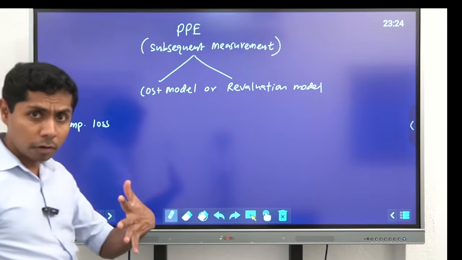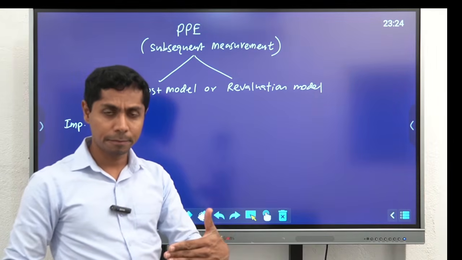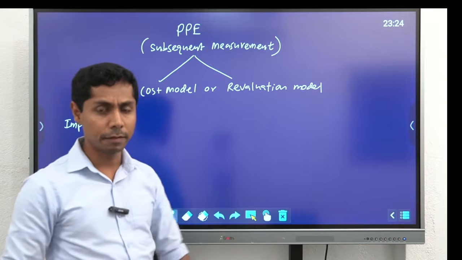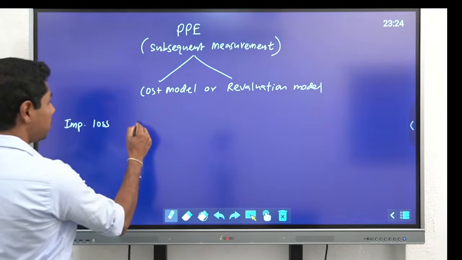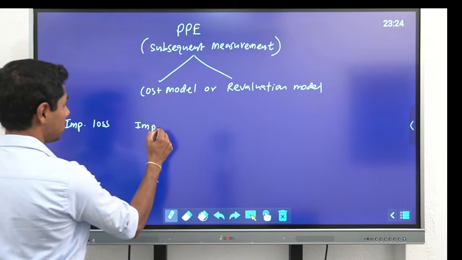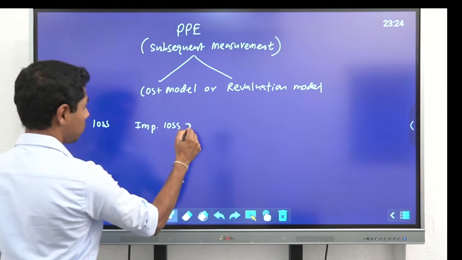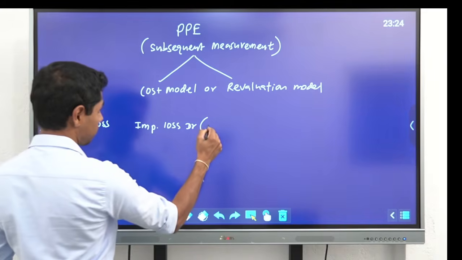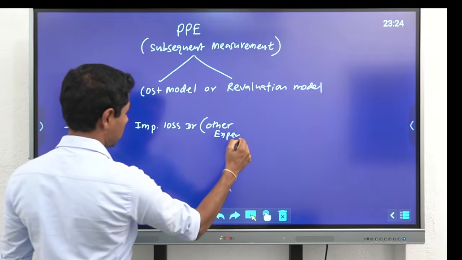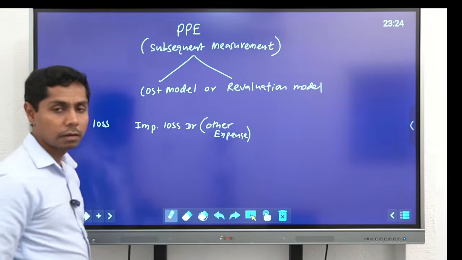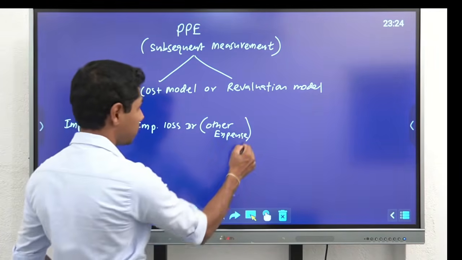In the cost model, it is treated as an expense. So how do we write the journal entry? Impairment loss account debit. This is another expense.